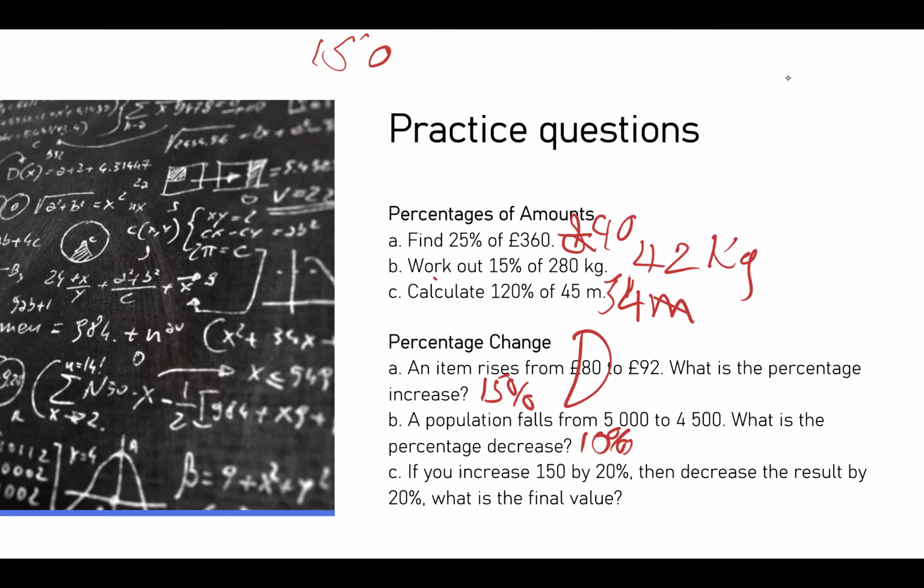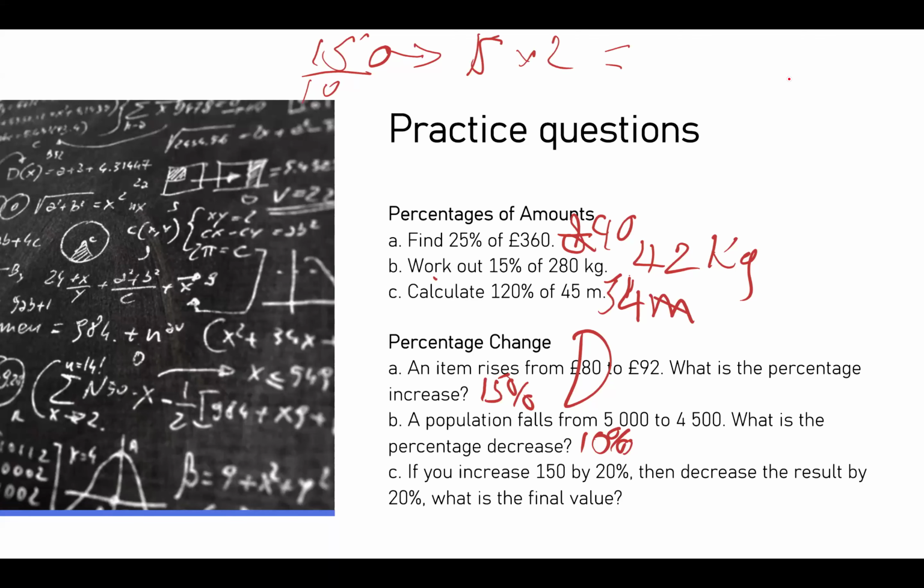So 10% of this is 15, 20% is 30. So 150 add 30, because we're increasing the result by 20%, equals 180. That's the increase.